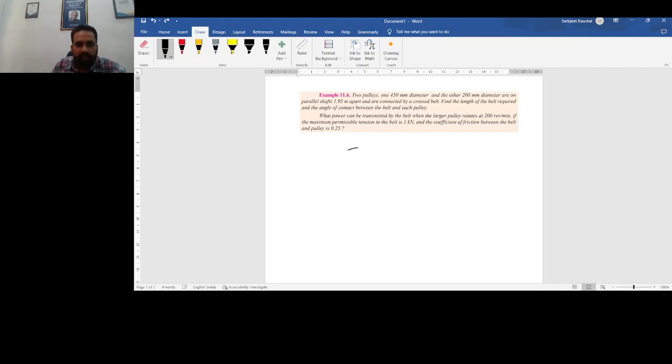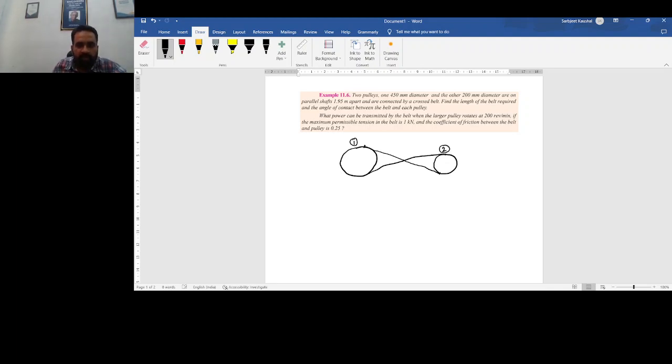So firstly we will make the diagram. Suppose this is your driver pulley and this one is your driven pulley. Now belts are connected with the help of cross belt drive. So in case of cross belt drive, we have the arrangement like this. Here this is the first pulley, this is the second pulley.